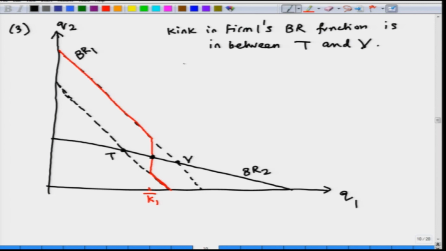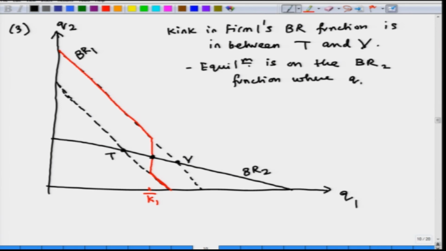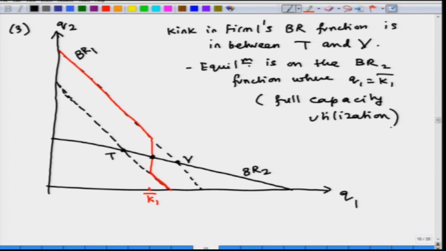So, in this case, the equilibrium is on the best response function of firm 2, where Q1 is equal to K1 bar. So, firm 1 will find it profitable to produce still capacity, but will not expand it. So, this corresponds to the case of full capacity utilization.